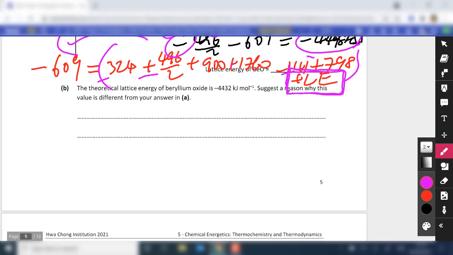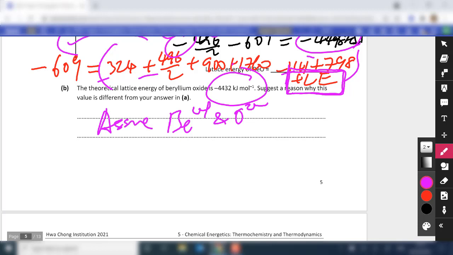Okay, and the next part is the theoretical lattice energy of beryllium oxide is given to be minus 4432. Suggest the reason why this is the case. So again, how do we calculate the theoretical lattice energy? We assume that Be2+ and O2- are point charges.